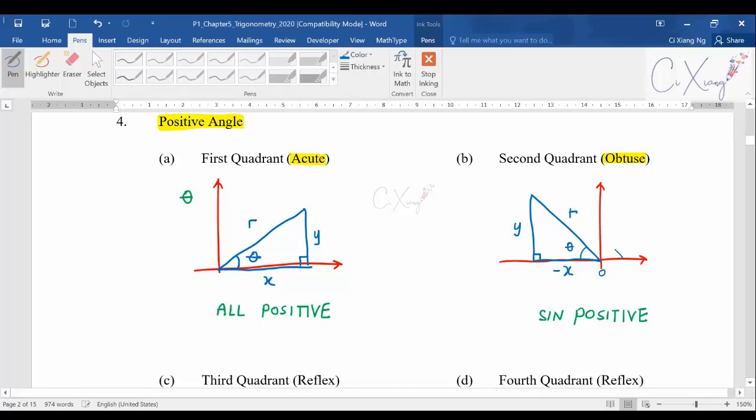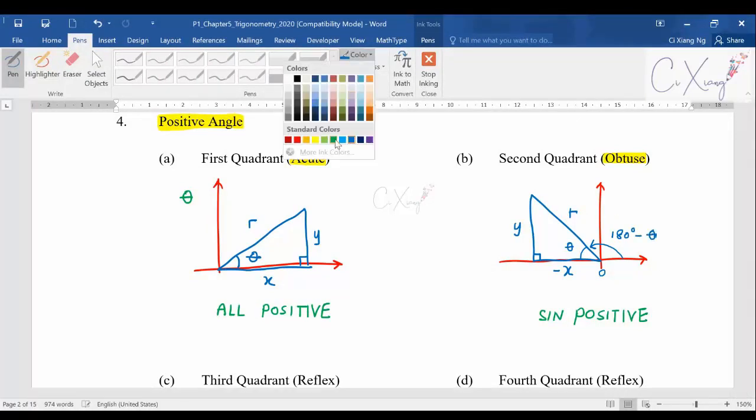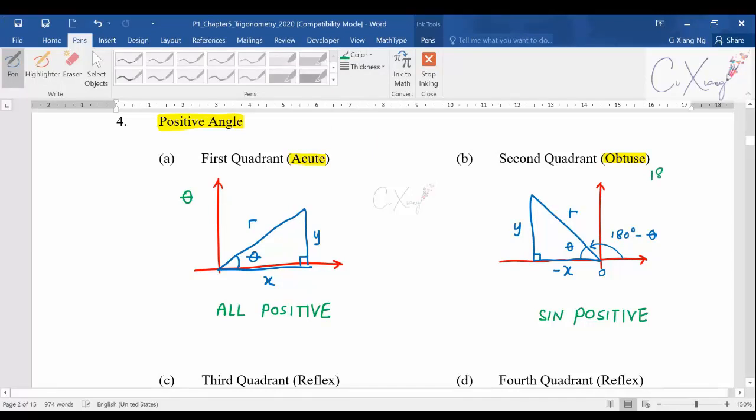The angle that we measure from the positive x-axis until here is 180 minus theta. When I label it, I will put it beside, like this is 180 minus theta, or maybe pi minus theta. Pi means 180. So this is what you have for the second quadrant, and the triangle will look something like this. So don't draw the wrong triangle.